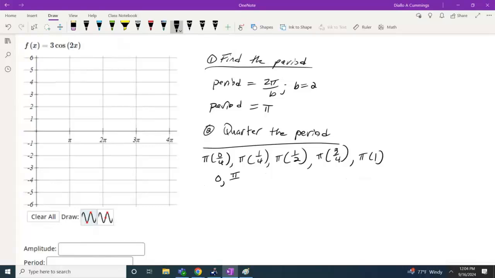So we get 0, pi over 4, pi over 2, three pi over 4, and pi. All right, so those are our quarter values.